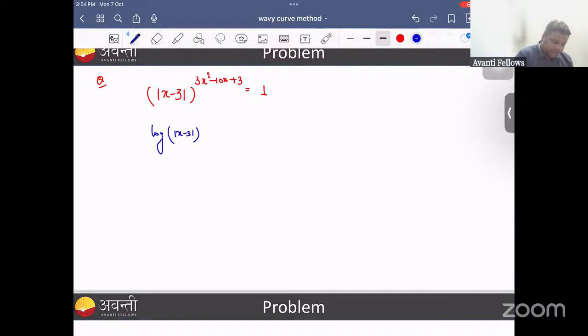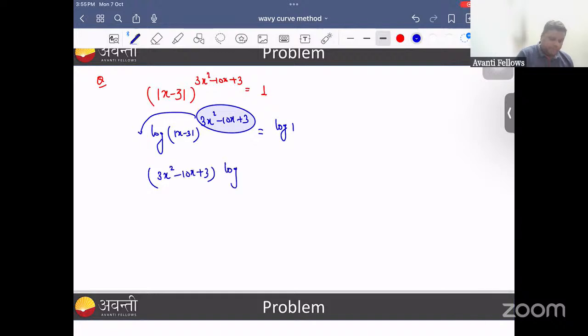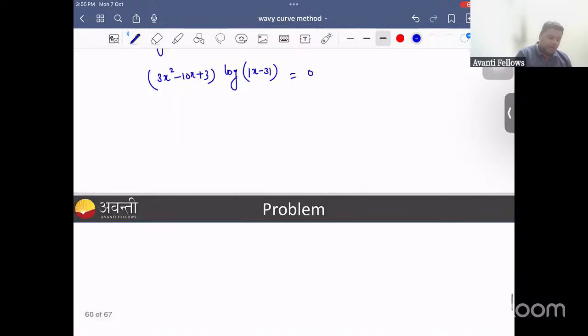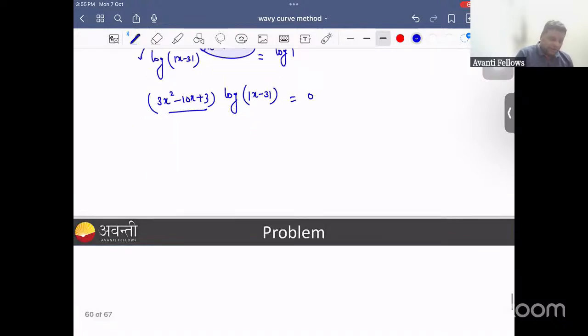So (3x square minus 10x plus 3) times log of mod (x minus 3) is log 1. Log 1 is 0 and this power will come outside. So (3x square minus 10x plus 3) times log of mod (x minus 3) is 0. Now either this is 0, that means 3x square minus 10x plus 3 equals 0.